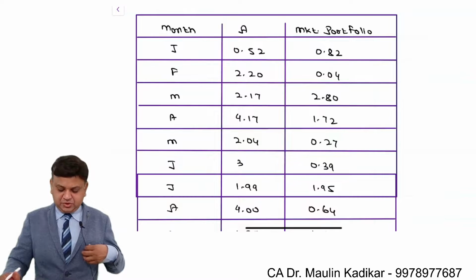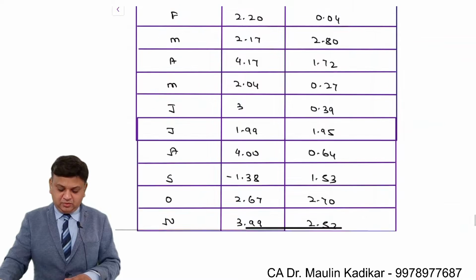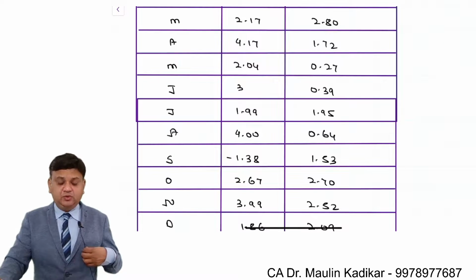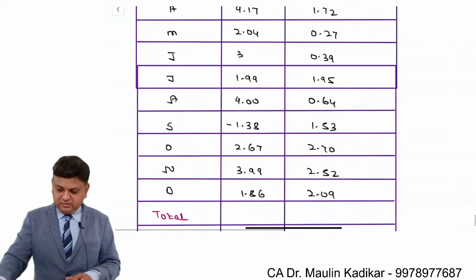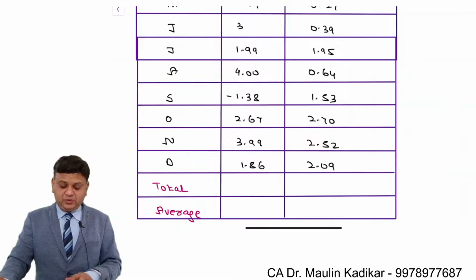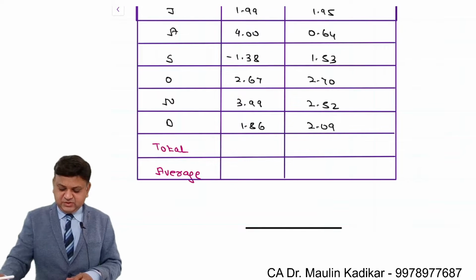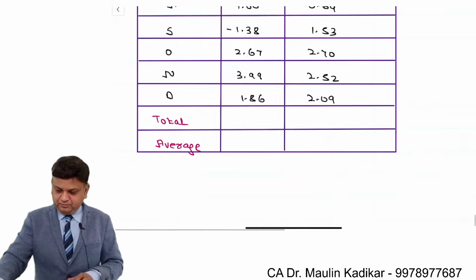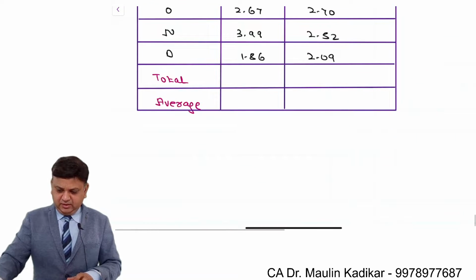So let us see the calculation of the answer. 0.52 plus 2.2 plus 2.17 plus 4.17 plus 2.04 plus 3 plus 1.99 plus 4 minus 1.38 plus 2.67 plus 3.99 plus 1.86.